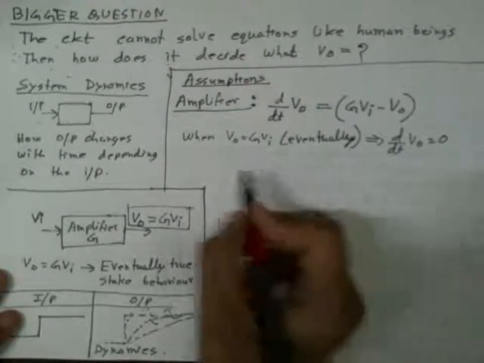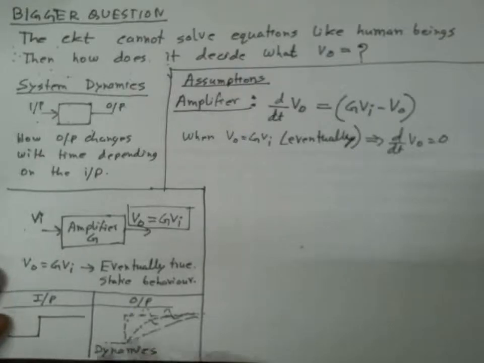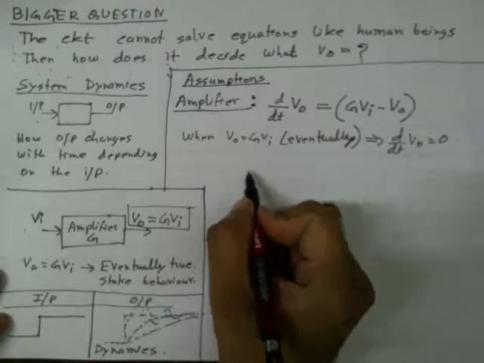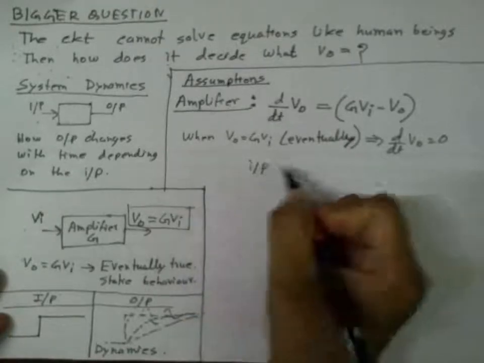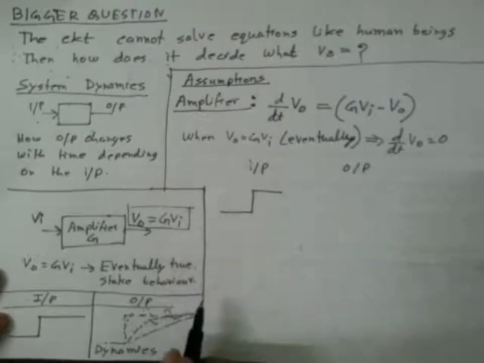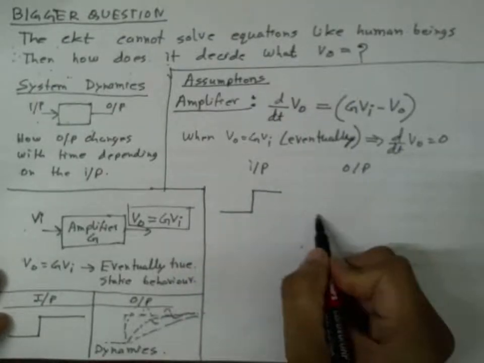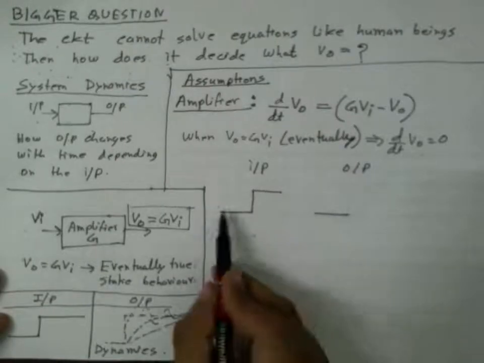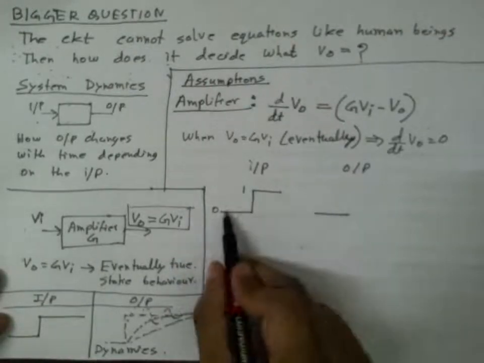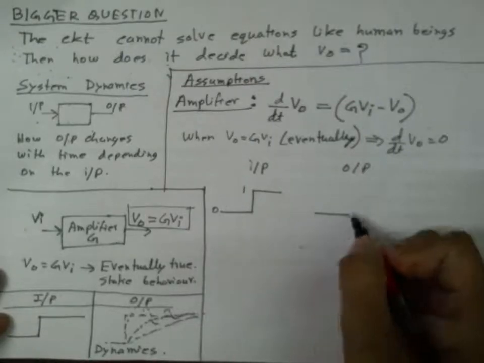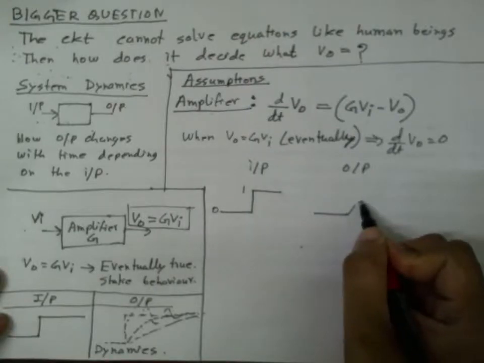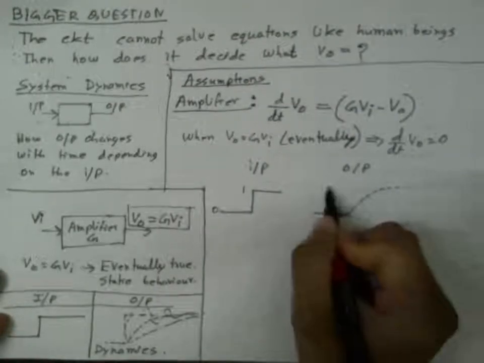And if we draw this curve once again, input and output: the input changes like this, and the output was initially 0. So this is 0, and this is then 1. 0 times g is of course 0, so initially it was 0, but then when the input changes the output will slowly change and will reach the value of g.